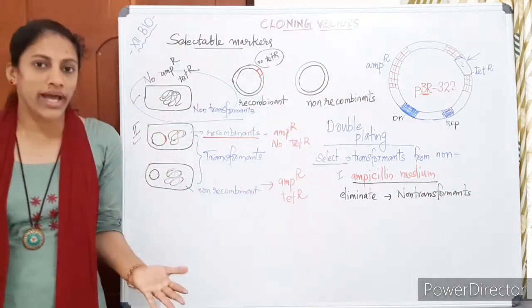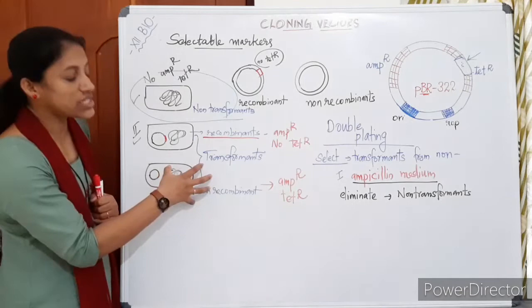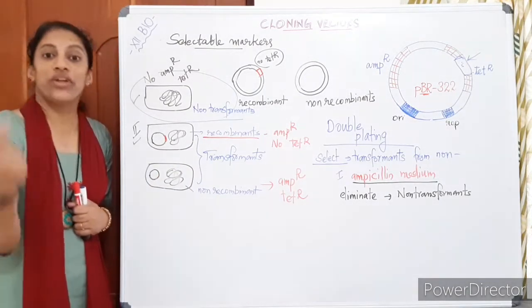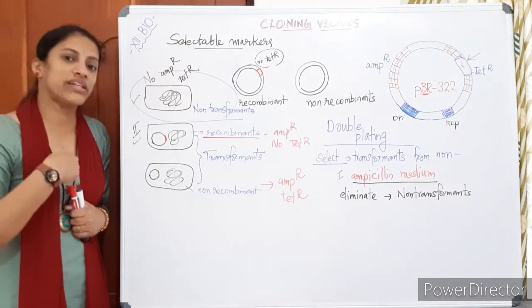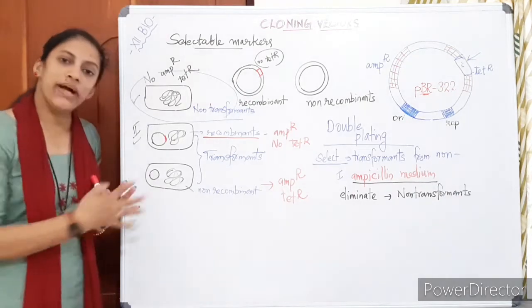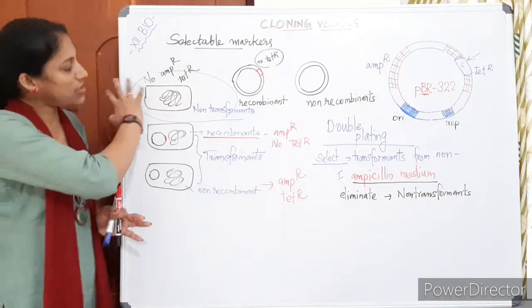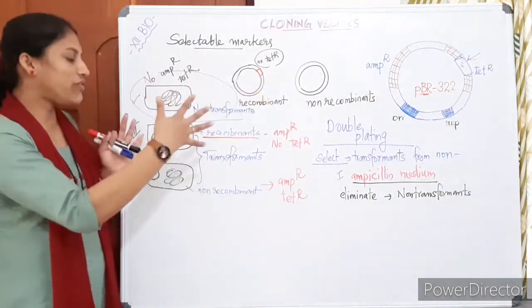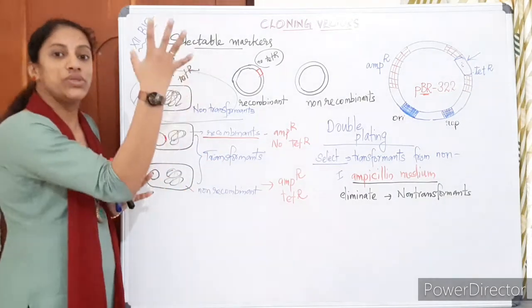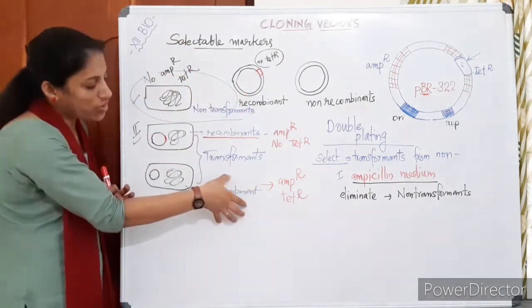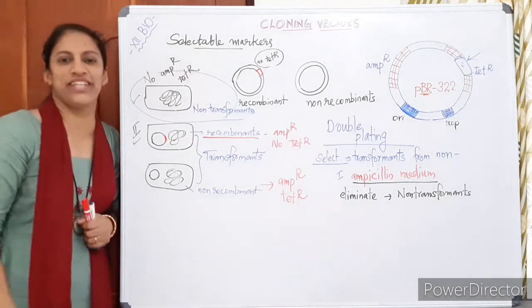So what is in our hands now? We have the transformants with us. From the transformants, what is our next duty? All bacteria are now transformants. Non-transformants we removed. Our next duty is to remove non-recombinants from recombinants.